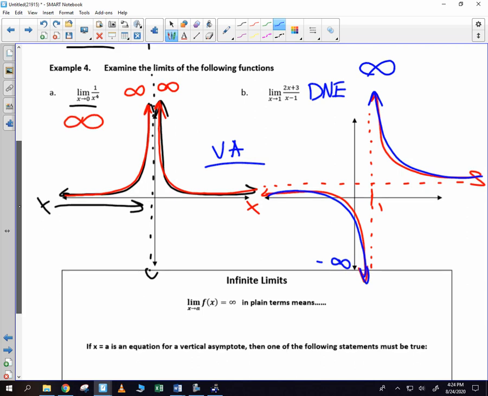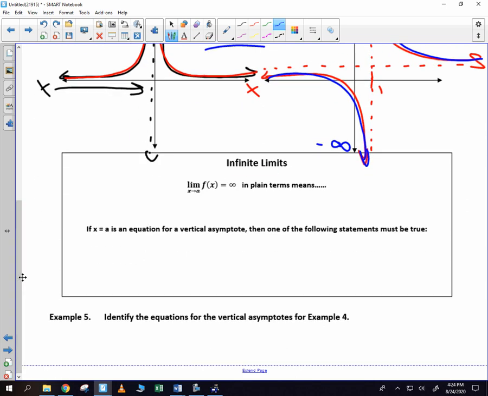When you have limits that involve infinity, infinite limits, limit as x goes to a of f of x is equal to infinity, in plain terms, as x gets closer to a, y gets super big.